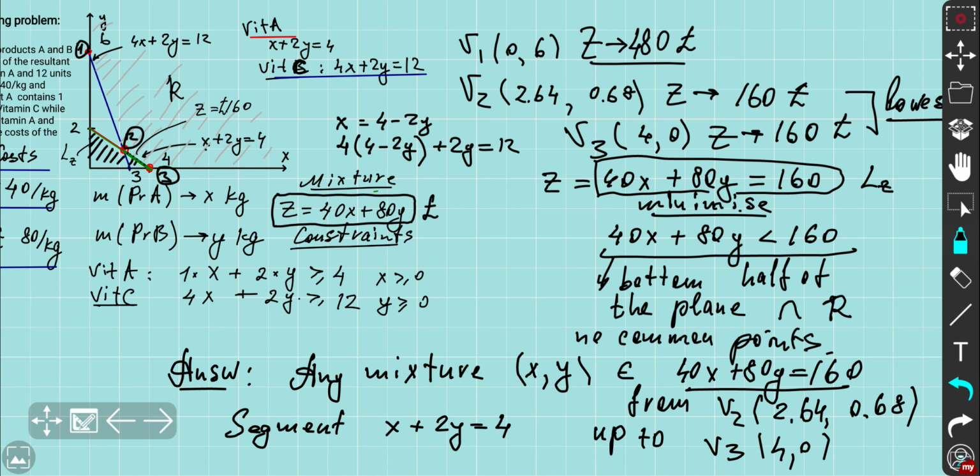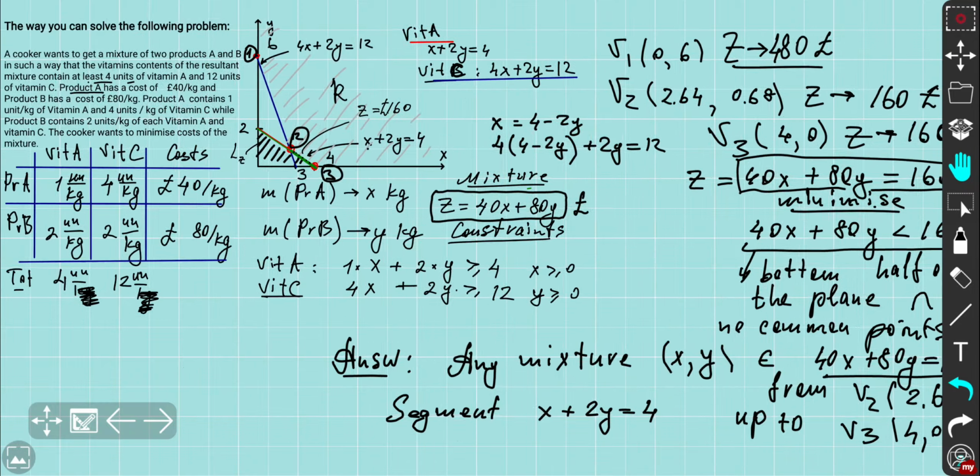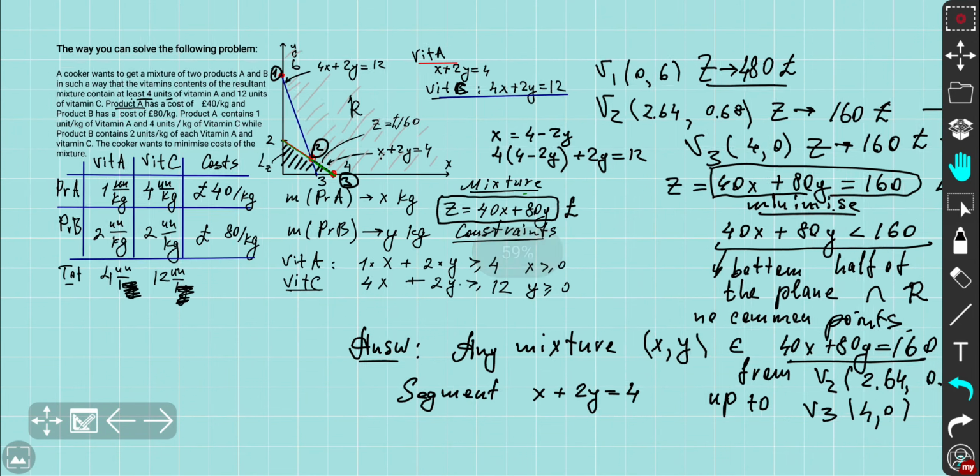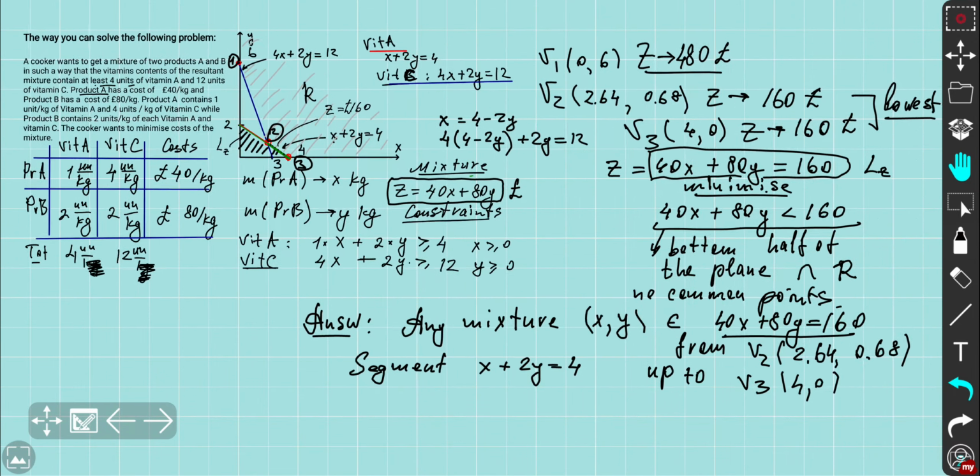Okay, that's going to be the segment line, from boundary vertex 2 up to vertex 3, if you consider from that to that part. So that's going to be a solution to that problem. That was the variation of what you have in your books.